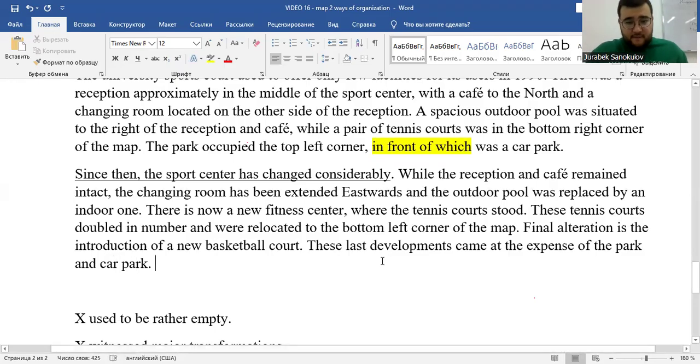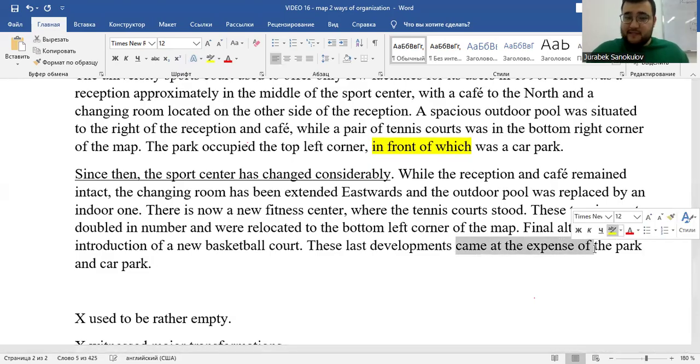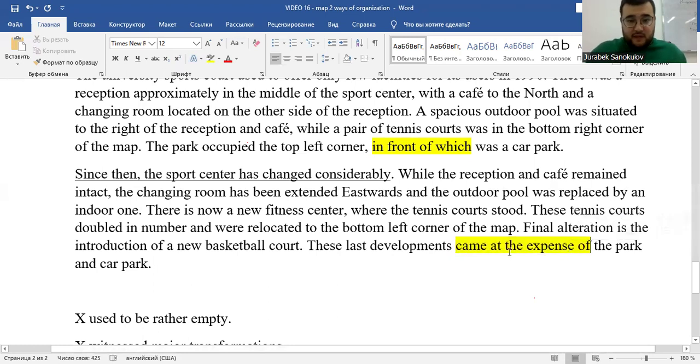That's it. I guess I explained this sentence structure previously as well. It basically means to build something instead of something. These last developments came at the expense of the park and car park. So let's read one more time. Since then, the sports center has changed considerably.